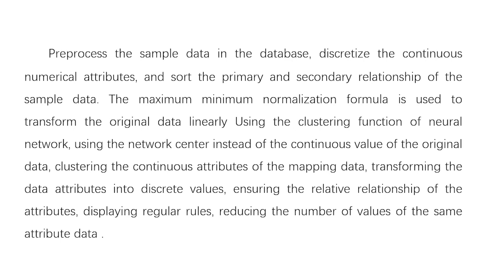The maximum-minimum normalization formula is used to transform the original data linearly, using the clustering function of neural network, using the network center instead of the continuous value of the original data, clustering the continuous attributes of the mapping data, transforming the data attribute into discrete values, ensuring the relative relationship of the attributes, displaying regular rules, reducing the number of values of the same attribute's data.